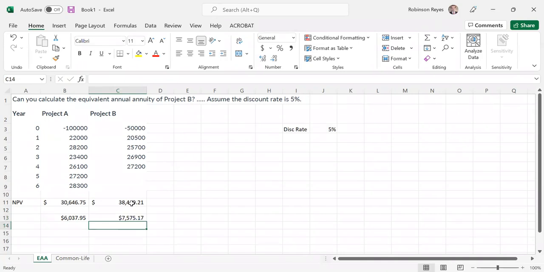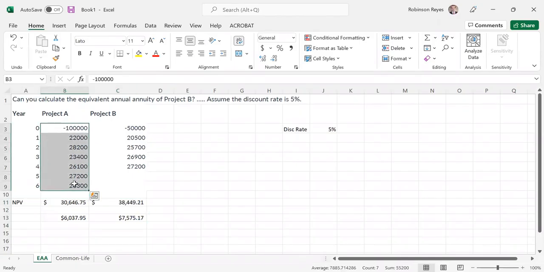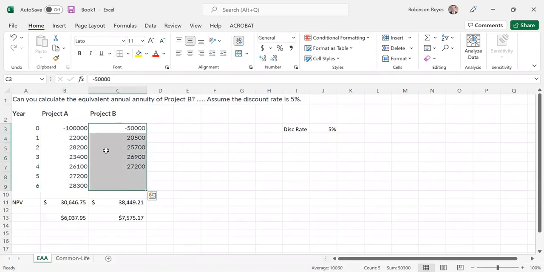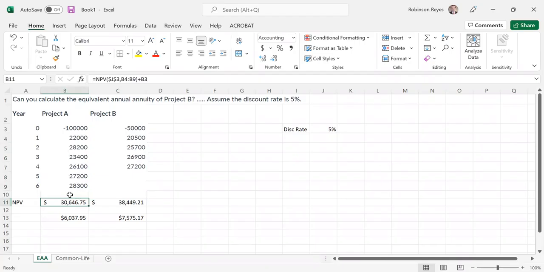So what we have done is rather than having this NPV, which tells us very little because these NPV calculations are coming from projects with unequal lives, we have converted this NPV into an annuity.